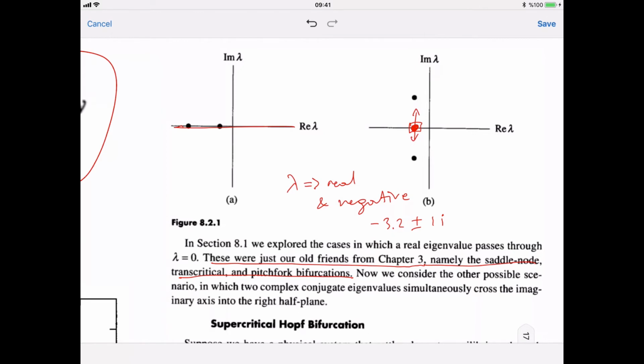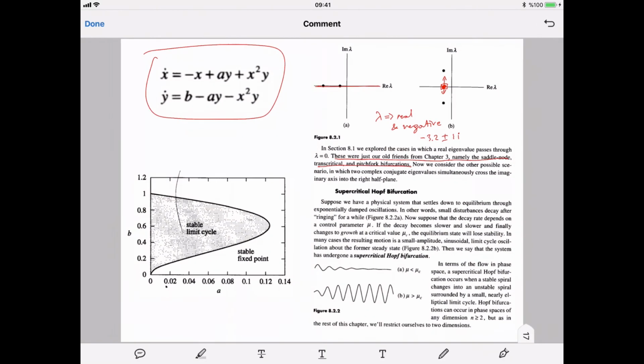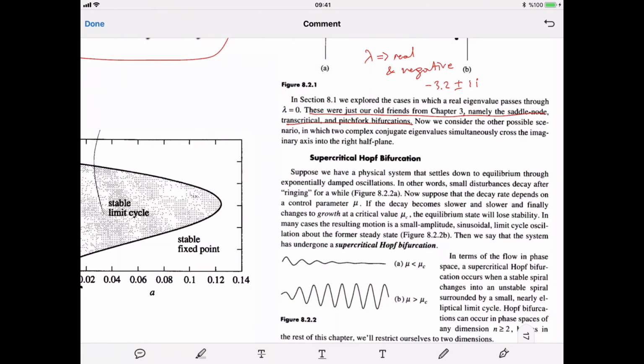Okay? So basically, what we are having here is supercritical Hopf bifurcation. Believe me or not. I hope I'm correct. Even if I'm not correct, I'm just a little bit incorrect. Okay?